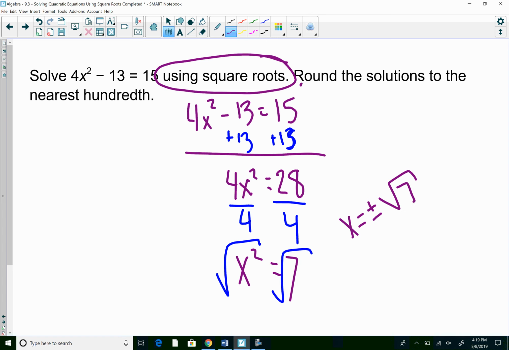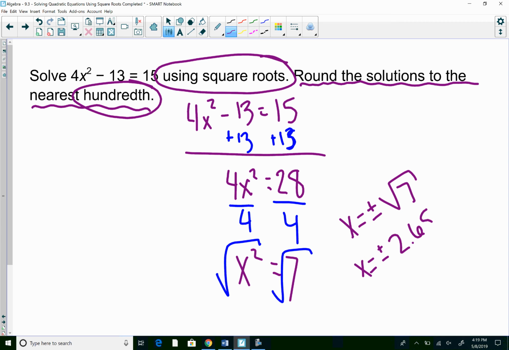But it says round the solutions to the nearest hundredth. So in your calculator, figure out what the square root of 7 is. It should come out to 2.65.